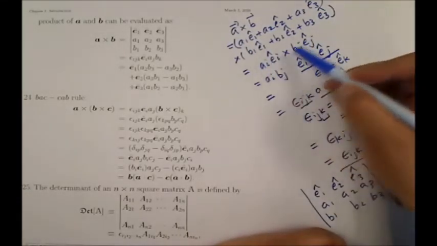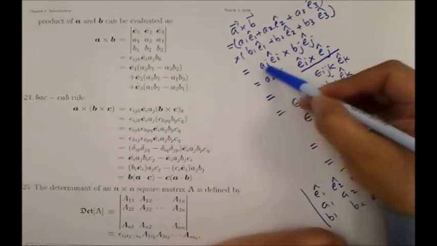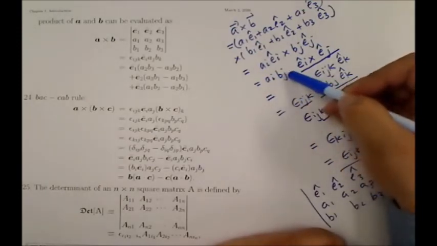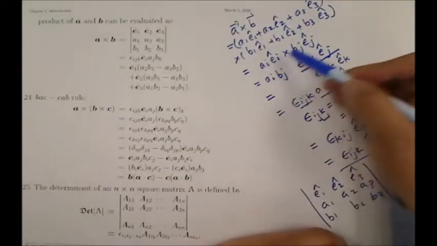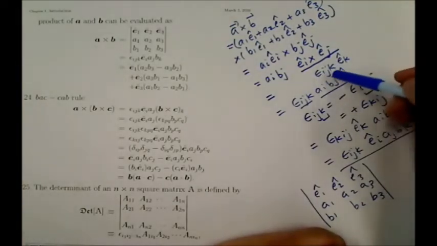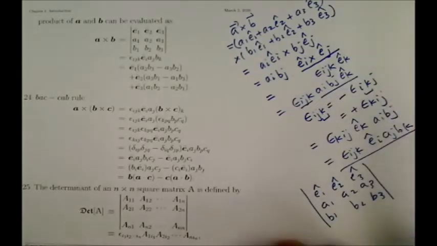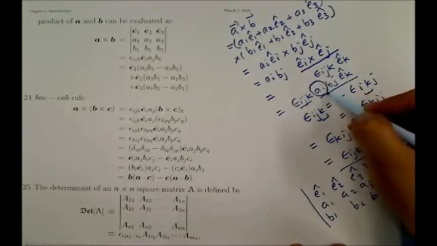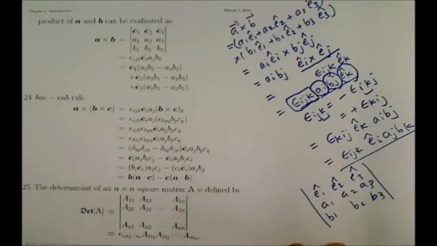These coefficients Ai and Bj are real numbers and they commute. So I can factor them out as Ai Bj, and then we end up with the cross product of ei and ej. As we know, this cross product of two Cartesian unit vectors is just epsilon ijk ek. Alright, and then we end up with the expression Ai, Bj, ek multiplied by epsilon ijk.